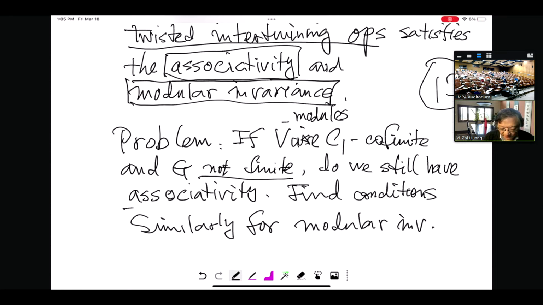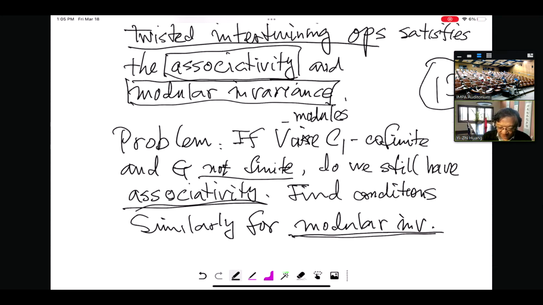Certainly these involve not just associativity but also convergence, because if you want to talk about modular invariance and associativity, we have to first prove convergence. So this is a more general type of problem.